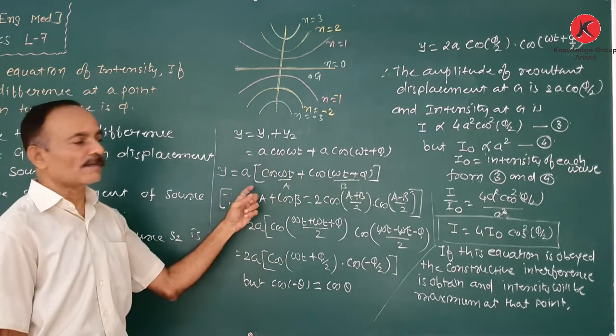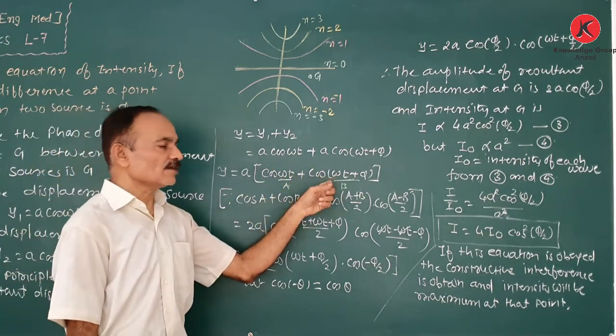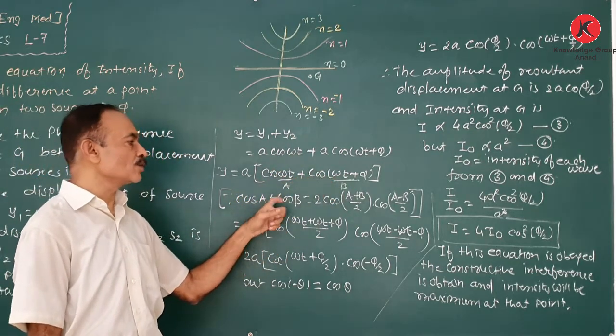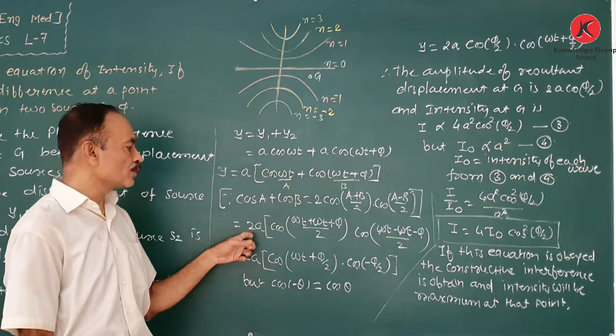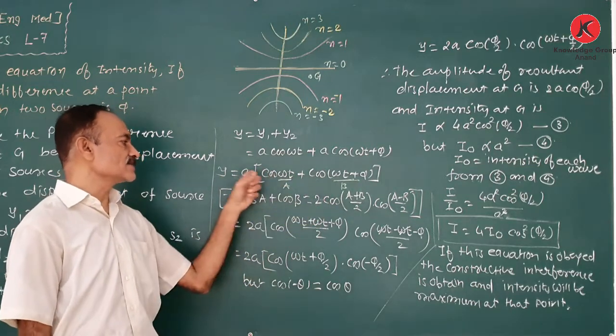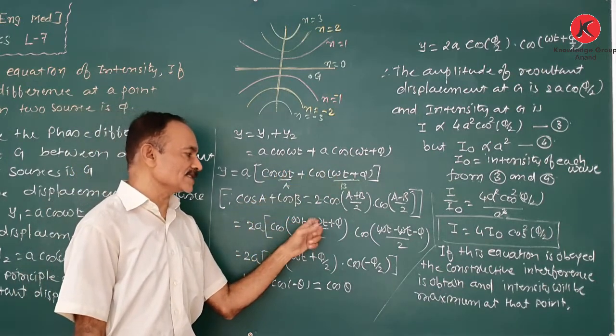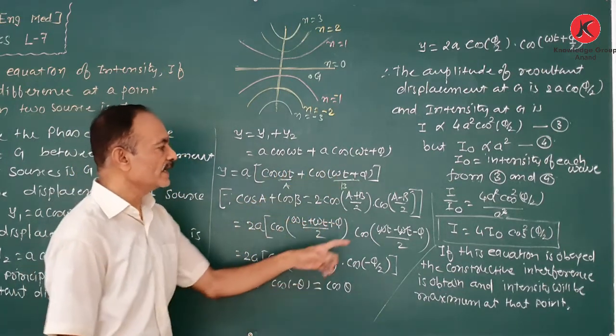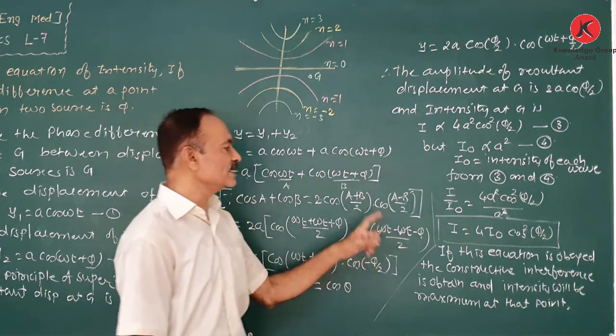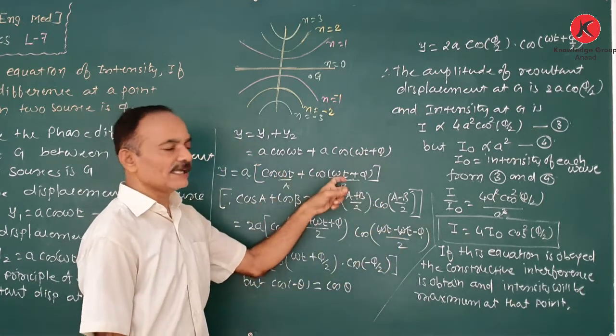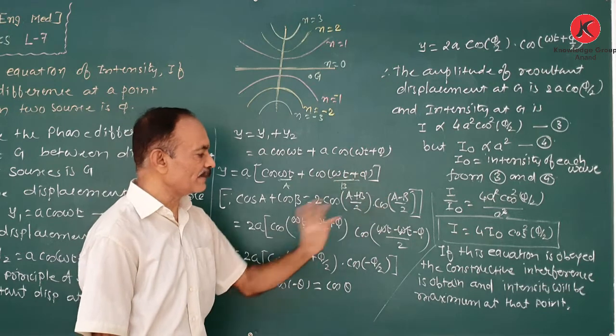A is taken common. Here we apply the trigonometric equation cos plus cos is 2 cos cos. Therefore 2A, with 2 taken outside of the bracket, cos ((A plus B), that means omega t plus phi) upon 2, into cos ((A minus B), that means omega t minus phi) upon 2.